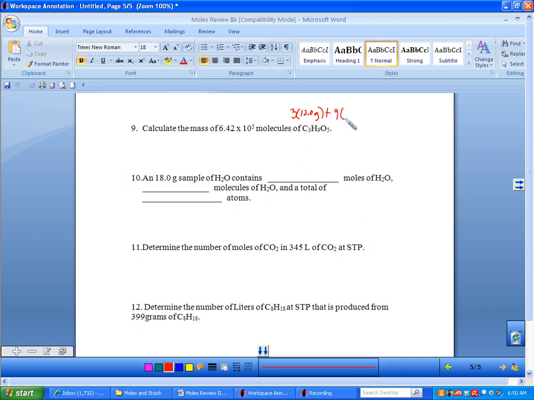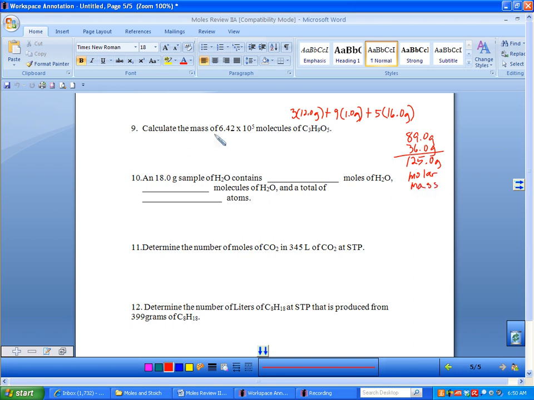I have 9 hydrogens, each of them are 1 gram. And I have 5 oxygens, each of those are 16 grams. 16 times 5 is 80, 9 more is 89, 89 and 36 is 125. So that's my molar mass of C3H9O5.